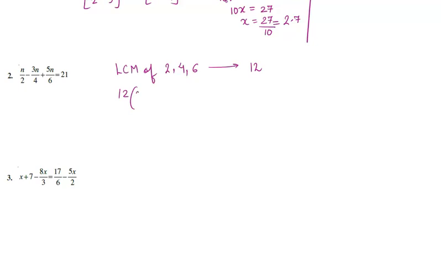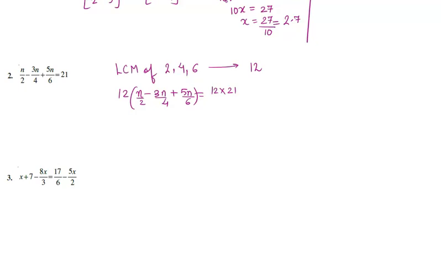So 12 times of n by 2 minus 3n by 4 plus 5n by 6 equals to 12 times of 21. Right? Now you may say that 12 into 21 is a little difficult, but most of the kids get stuck when we have denominators. All right? So it is easy to multiply 21 into 12. Okay? So now let us do.